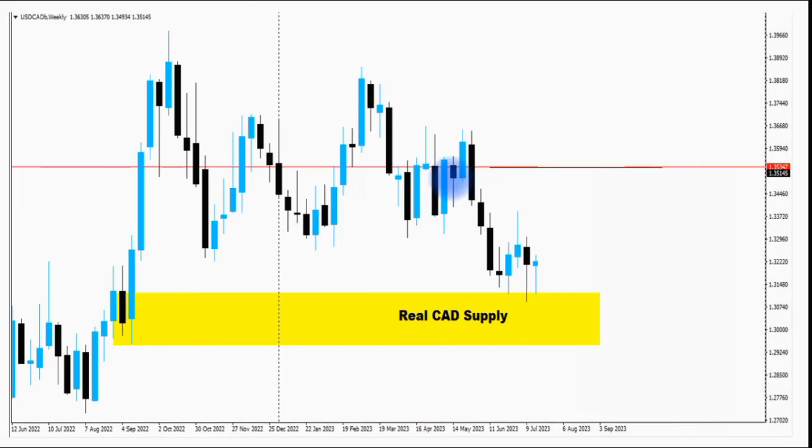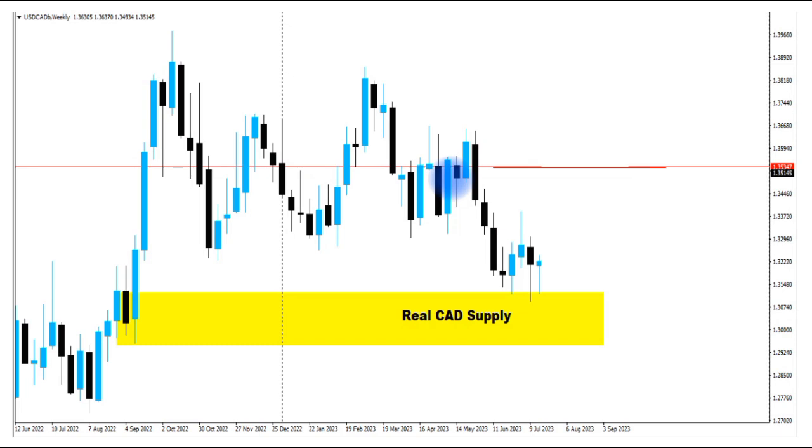So let's go forward. The next thing that we want to pay attention to would be price. Where is price trading at? Now, this is the month of July. We are seeing that price is trading at a real Canadian dollar supply. Now notice that this is USD/CAD, and because the Canadian dollar is the quote currency here, if the price of this pair moves upwards, it simply means that the Canadian dollar is going to be weak, just as the seasonality was suggesting.